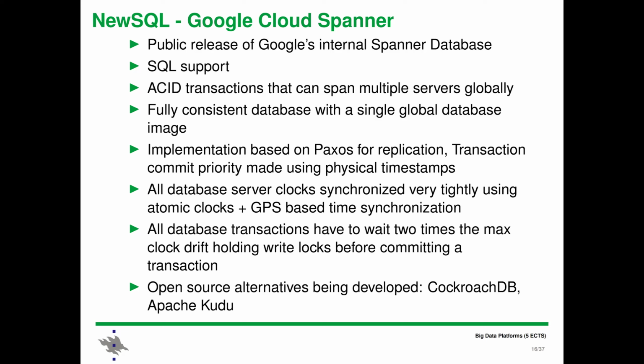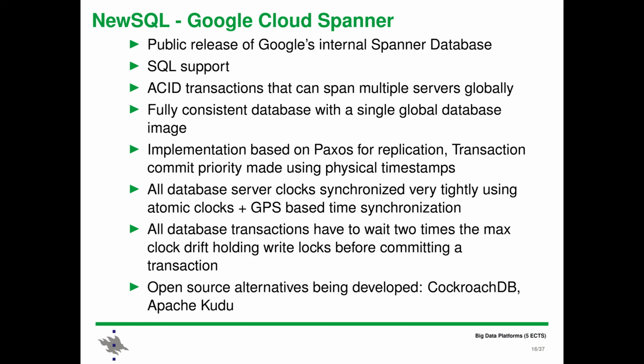We can take a look at the Cloud Spanner papers if you want to understand how this works on a detailed level. But the basic idea is that if you do a transaction, you take locks on all the data you want to modify.